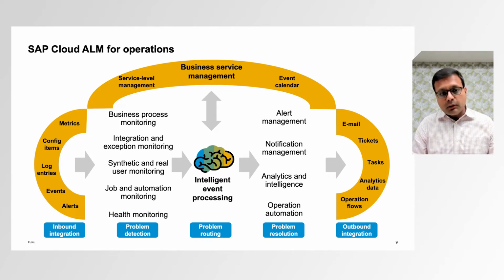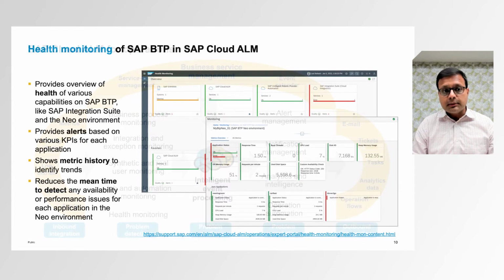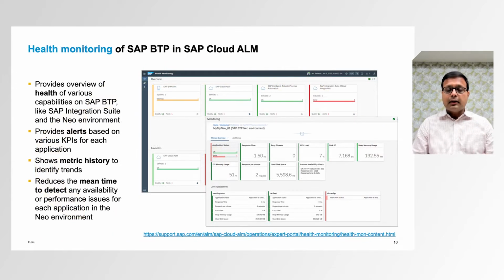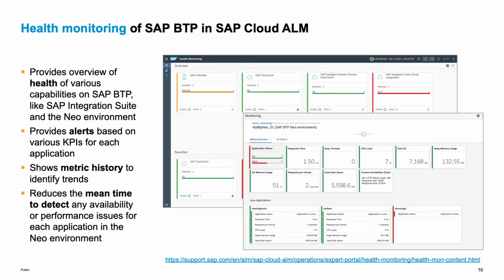Currently, SAP Cloud ALM supports a few use cases for BTP, starting with health monitoring. Basically, in health monitoring, you can actually monitor the health of a couple of BTP instances, like, for example, your CPI instance or your HANA Cloud instance or your Neo applications. So what happens in here is that it gives you one dashboard specific to the instance.